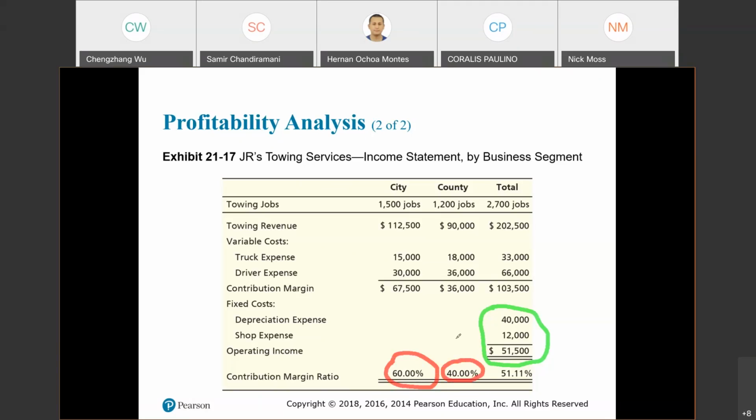So the next step is to determine why these two segments have different contribution margin ratios.